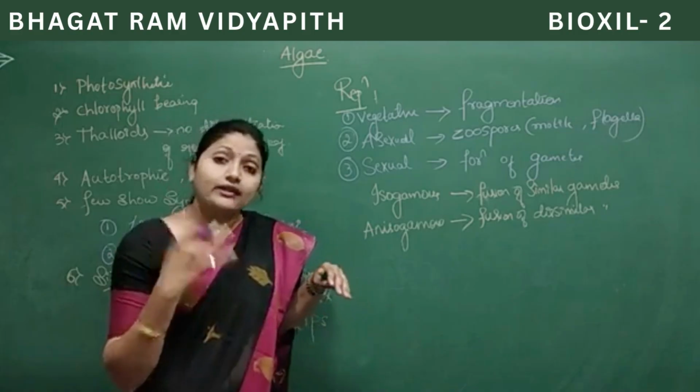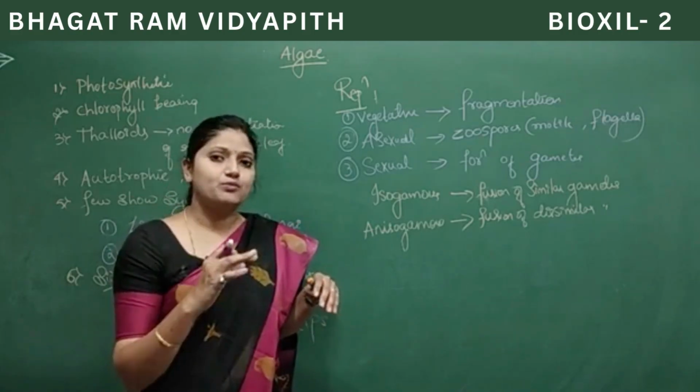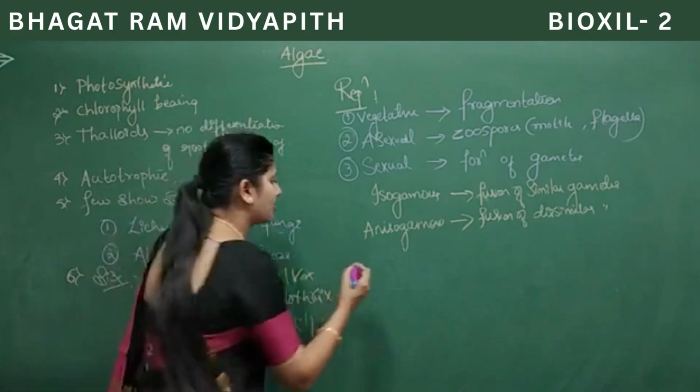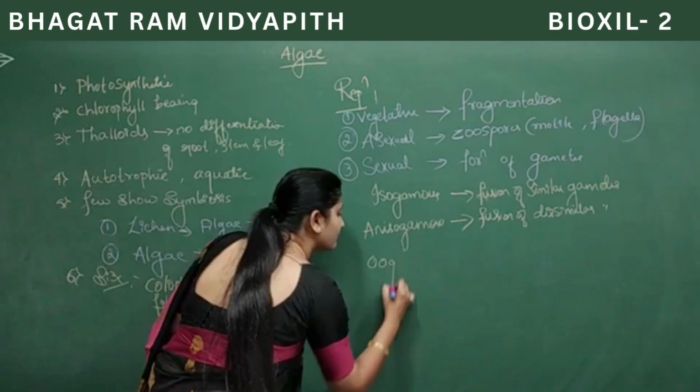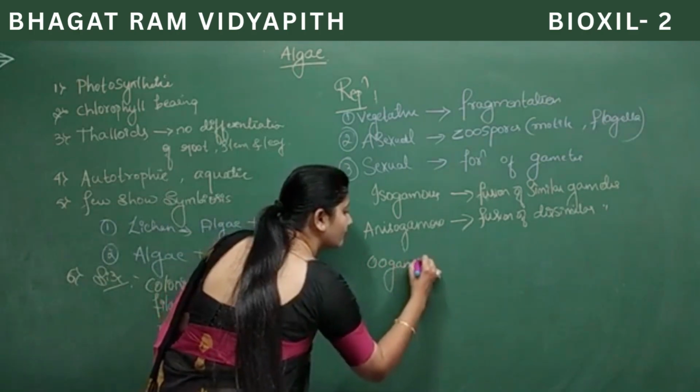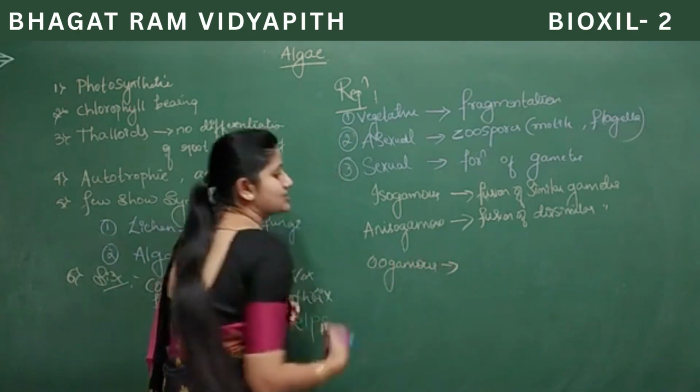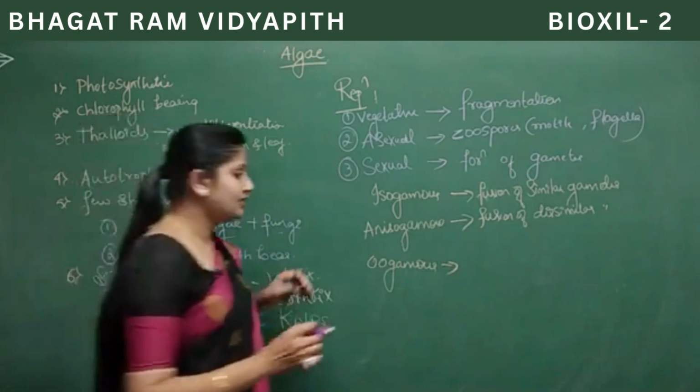Another type of sexual reproduction is oogamous. See here what happens.